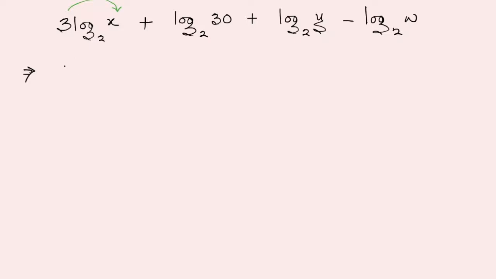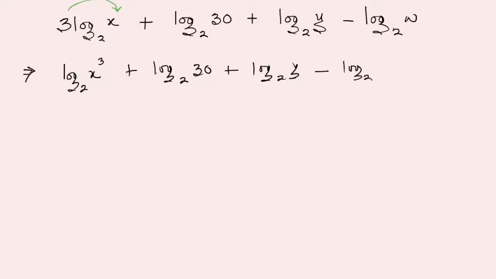So this is equal to log to the base 2 of x cubed plus log to the base 2 of 30 plus log to the base 2 of y minus log to the base 2 of w. And then we can write our expression as log to the base 2. There's a positive sign here, so this goes to the top. There's a positive sign in front of this, so that is also added to the top, 30.